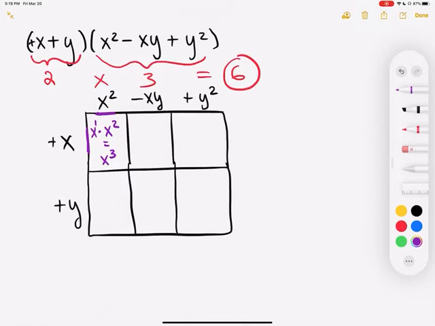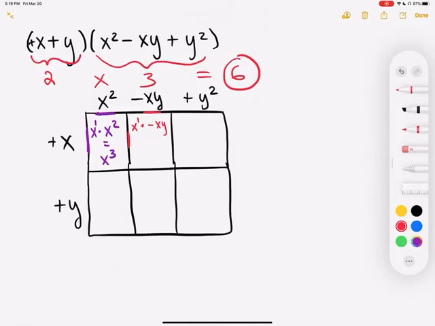Now let's find the area of the second square, which is going to be negative xy times x. Well, let's just say x times negative xy.